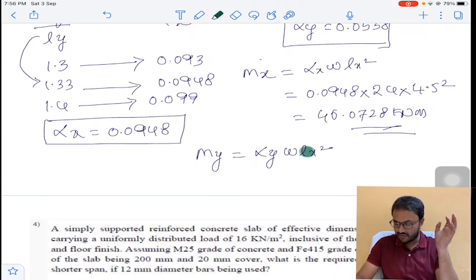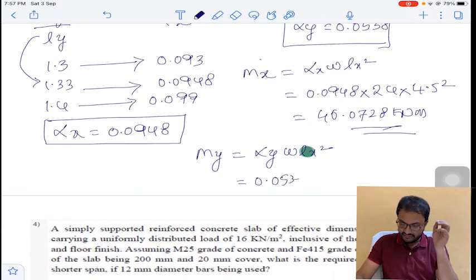Very confusing formula, this one. During calculation of moment along y direction, that is along longer direction, we need to use shorter span square, not longer span square. Clear? So you will get this value 0.0538 into 24 into 4.5 square, that is equal to 26.15 kilonewton meter.